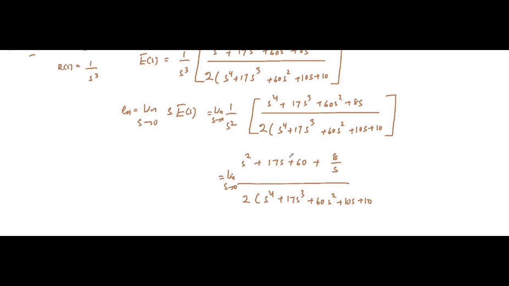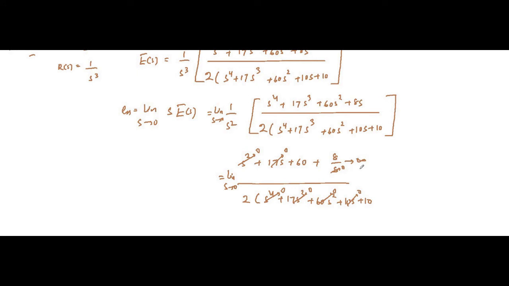When all the s is substituted with 0, this becomes 0, this becomes 0, and this in the numerator becomes 0. And here when s becomes 0, it is 8 by 0, which gives us infinity.